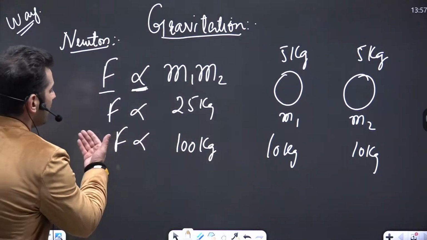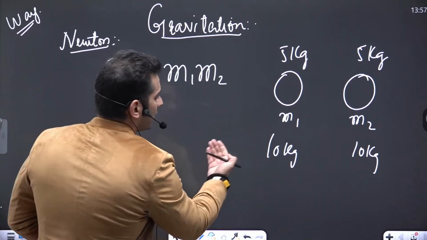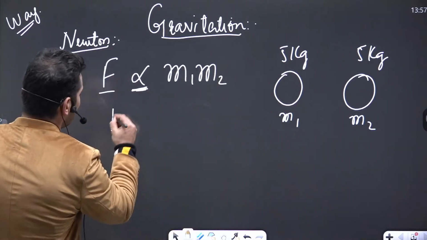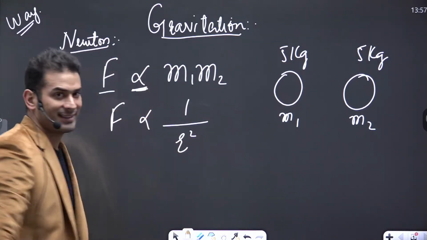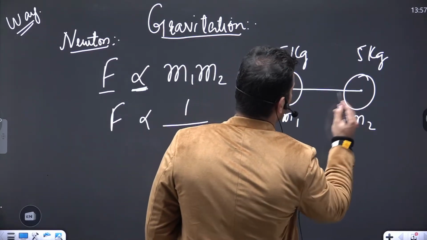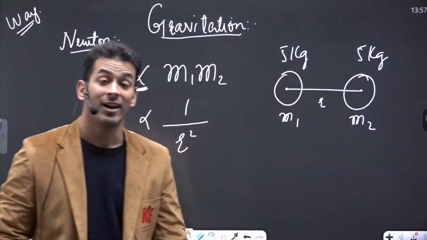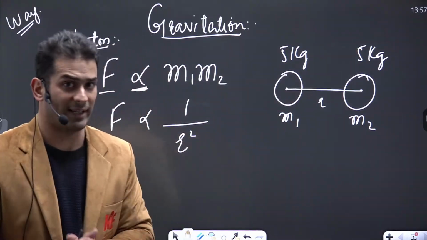And it's been seen, beta, that this force is also inversely proportional to the square of their distance. What is the distance between these two? Let's represent it by r. R is the distance between the two masses.